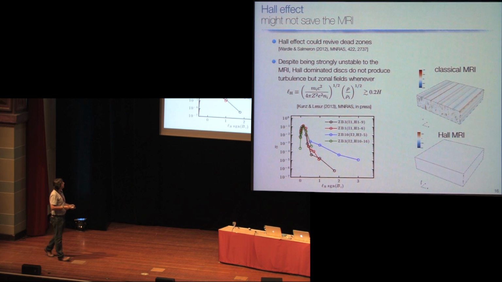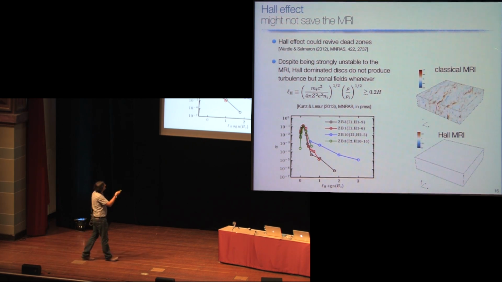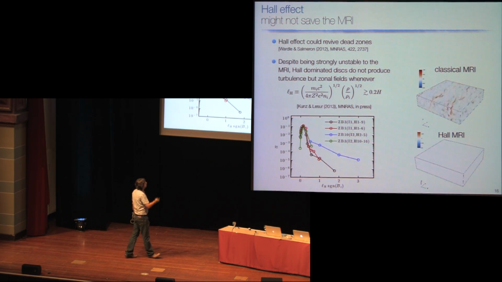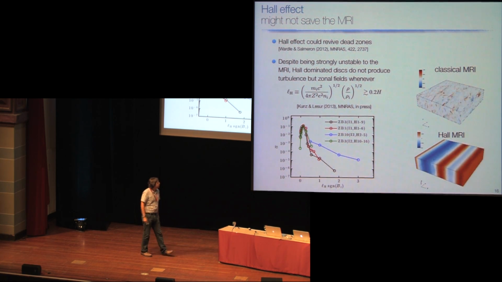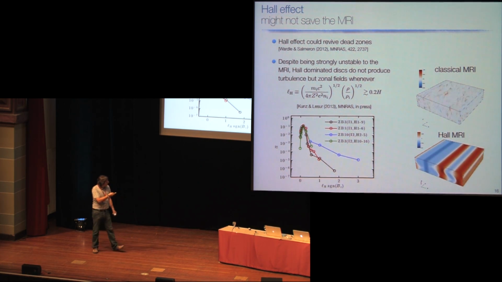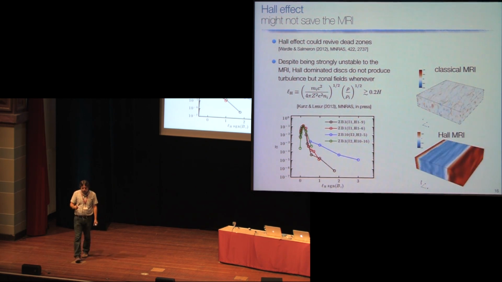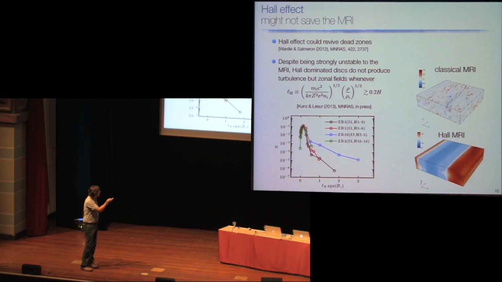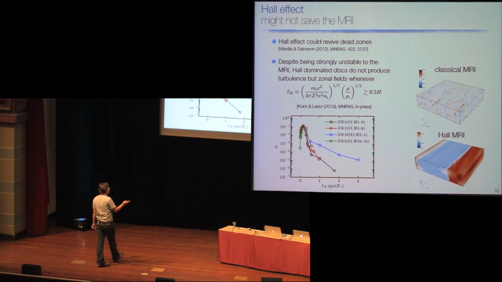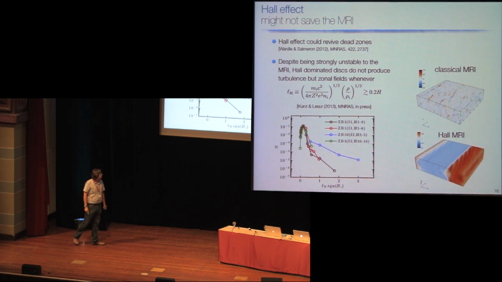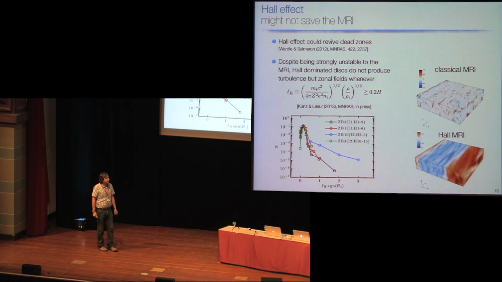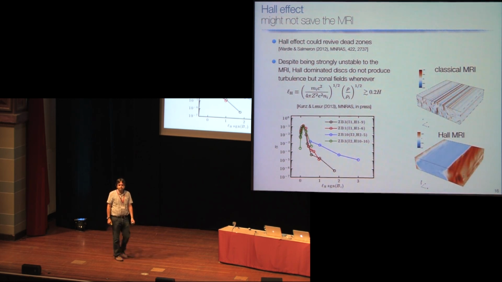It produces something which is quite surprising. So this is a classical MRI picture in which you have 3D developed turbulence. Now this is the same thing with Hall MRI. What do you get? You get large-scale structures. This is linearly unstable. This is the MRI, except that it does not produce turbulence. The bad thing is that this configuration produces a transport which is like 10 to minus 5. So the Hall effect revives the MRI, but it does not produce any transport.